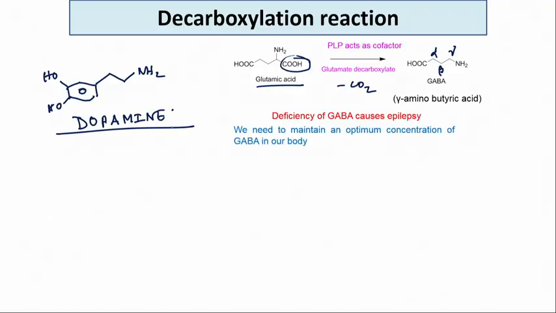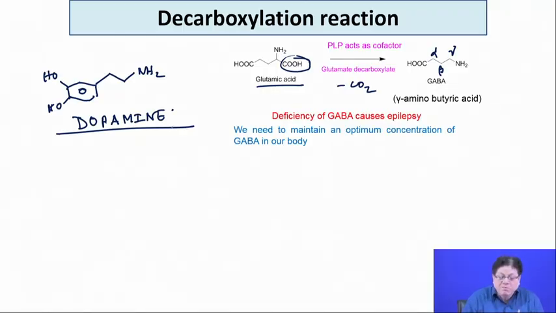So, it brings about certain reactions and creates certain signals, but you have to maintain an optimum concentration of these neurotransmitters in the central nervous system or in the brain. If there is a disbalance, then different types of mental diseases occur. So, this is a very important target for drug development.